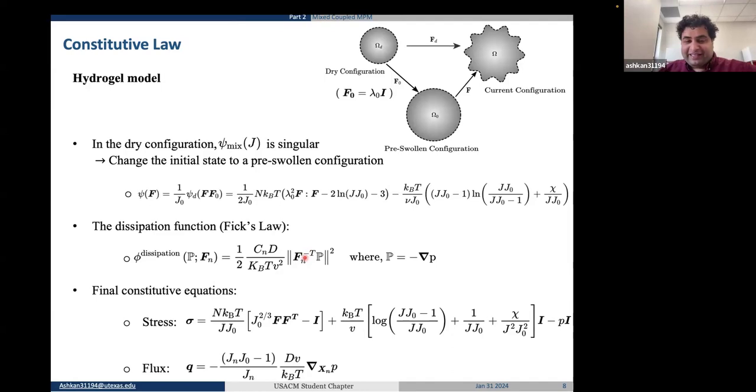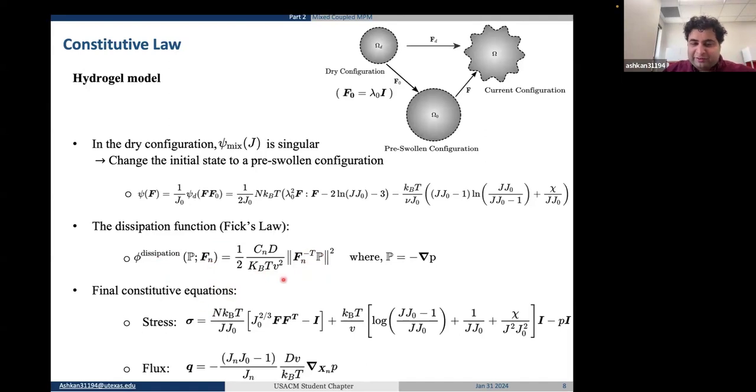If we want to be exact, this Fn should be F, which is the current configuration, but that will cause very hard derivatives for the system, for the derivative of this term with respect to displacement.